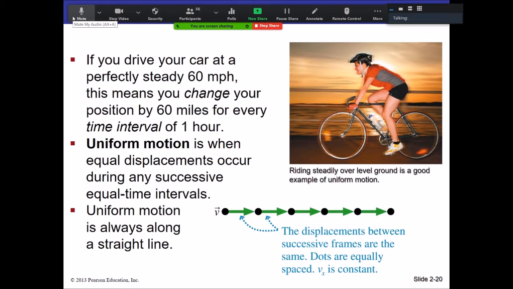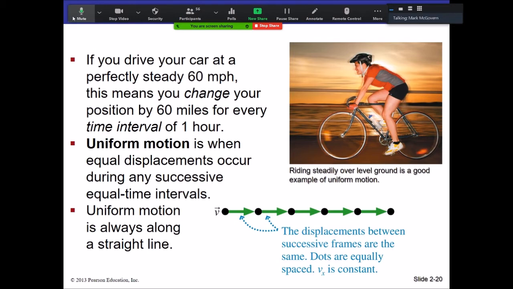Now, the way you see it displayed here, we would describe this as being an average, because if this person's on a bike and they're pedaling along and it says they're going 25 miles an hour, you would say, I'm going at a constant speed of 25 miles an hour. But if you really start to change the time interval, what if it's not per second, what if it's not per minute, what if it's down to like 1/10 of a second?